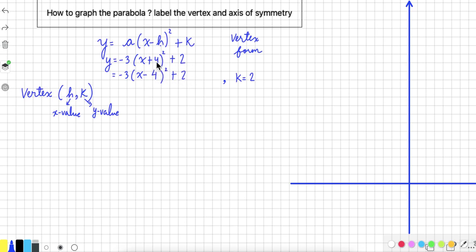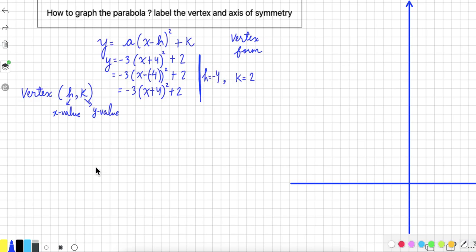But it's not positive 4, because there is a plus 4 in the equation. So if the h is negative 4, negative times negative will be a positive. Then we get negative 3(x plus 4) whole squared plus 2. That means the h is not just 4, it's actually negative 4, because when we replace h with negative 4, we get x plus 4 to the power of 2. So the h value here is negative 4.